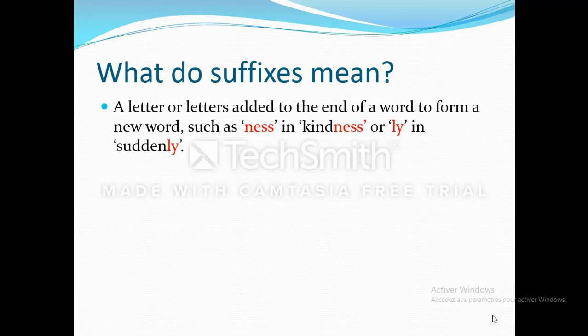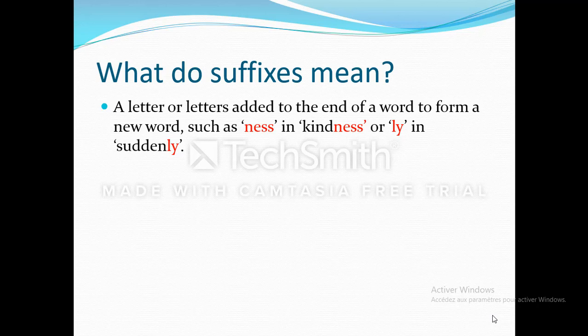To make this adjective a noun, we need to add a suffix, which is ness, to become kindness. Like here we have the adjective sudden. When we add ly, it becomes an adverb. So here we add suffixes to change what?